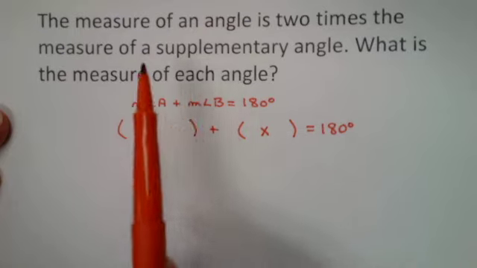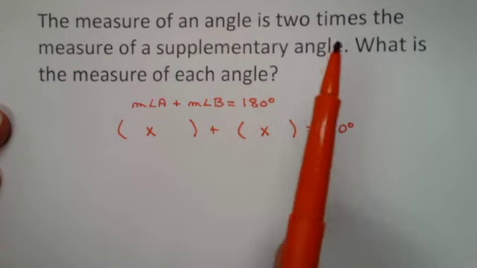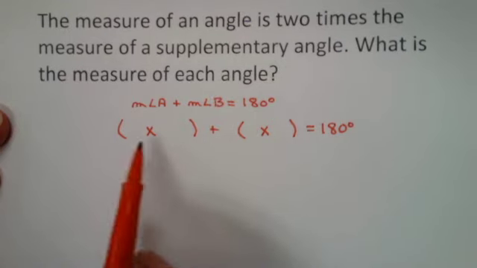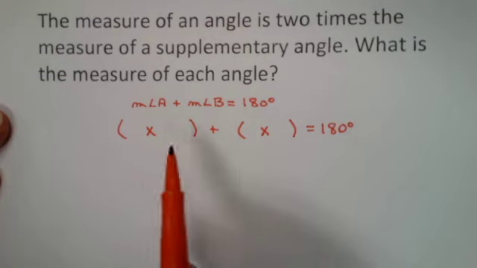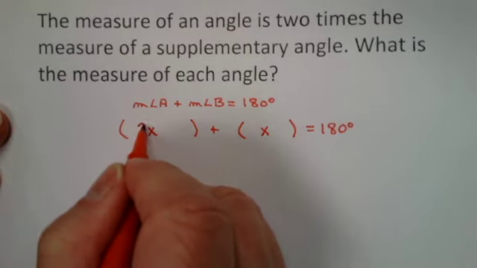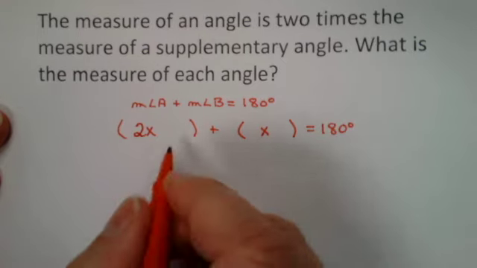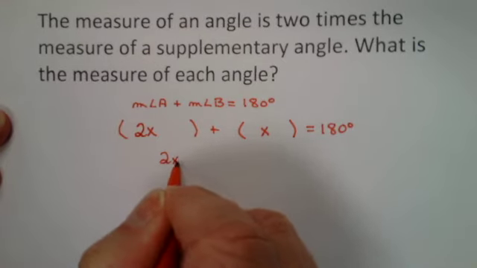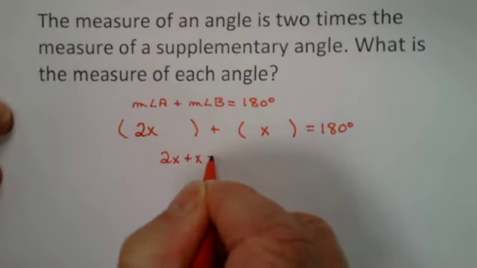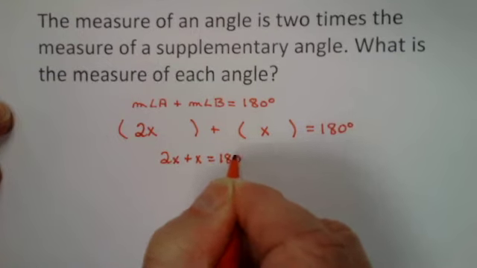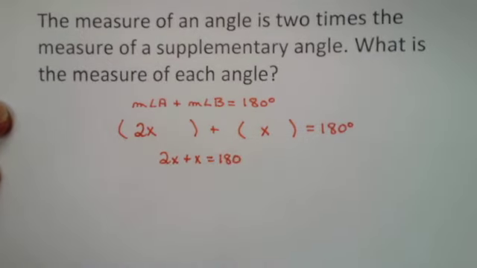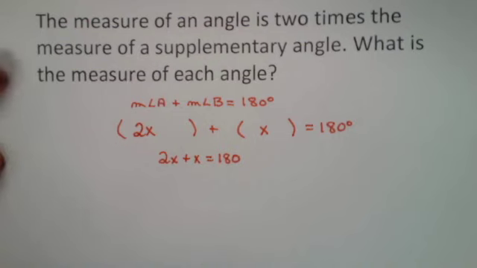It says that one of the angles is 2 times the other. So to represent one of these angles as being twice as big as the other, I'm going to multiply it by 2. So my equation looks like this. 2x plus x equals 180 degrees.